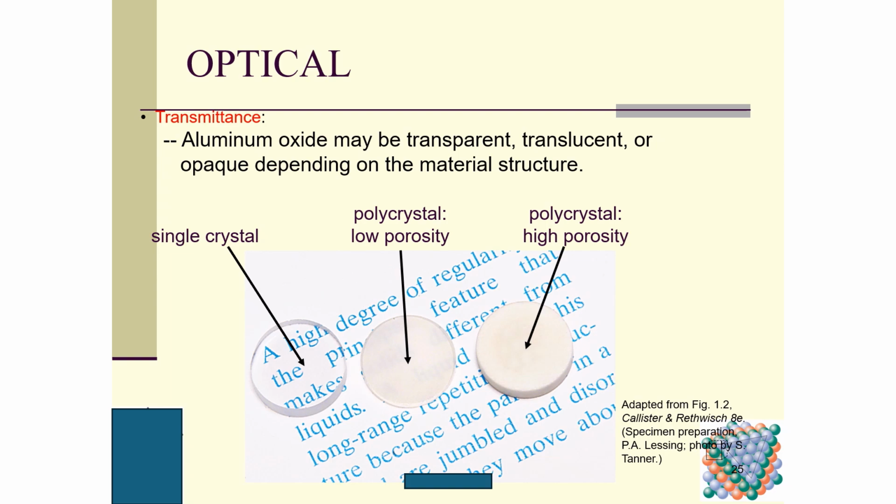If it is polycrystalline with low porosity, it is translucent. If it is polycrystalline with high porosity, it is opaque.